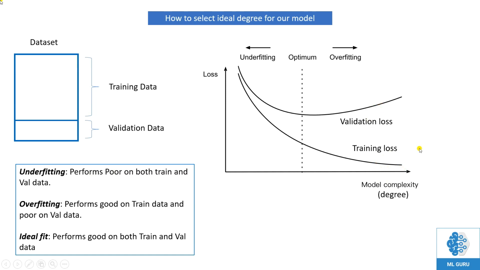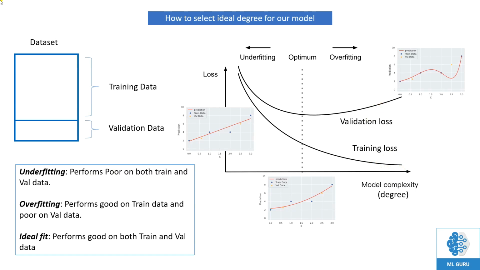Now, if I want to show this graphically, you can see here that when you have underfitting, this example we have done in polynomial regression when we were implementing it in Python. We had seen that when we fitted the degree 1 or the linear regression model on this data, it did not perform very well on both the training data as well as validation data.